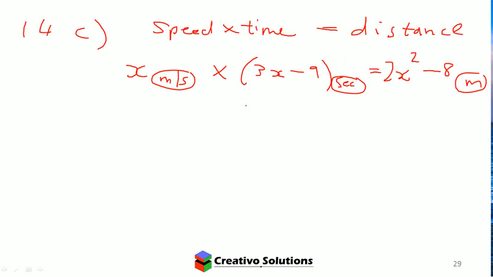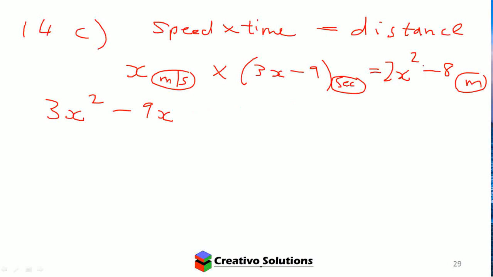They say write down an equation in x that shows that x squared minus 9x plus 8 equals 0. So they're obviously taking everything to one side, making it all equal to 0. So let's multiply these variables out. X times 3x is 3x squared. X times minus 9 is minus 9x.